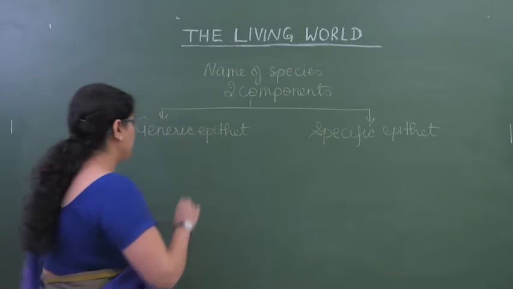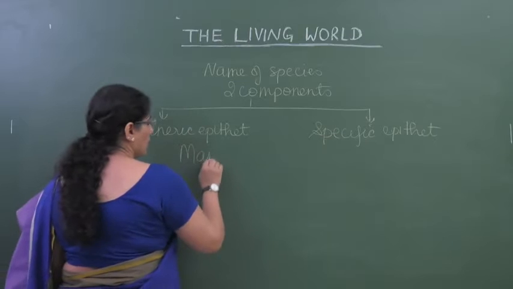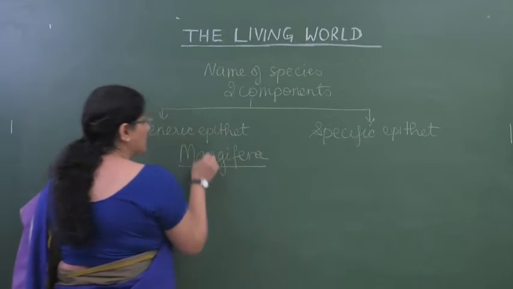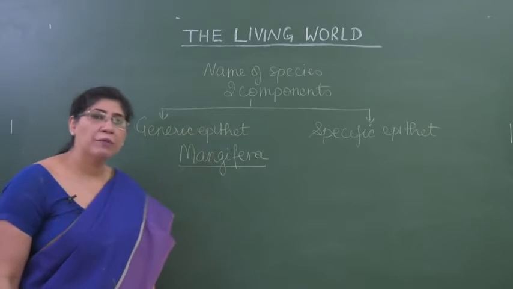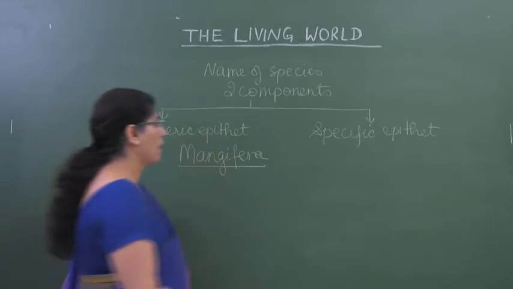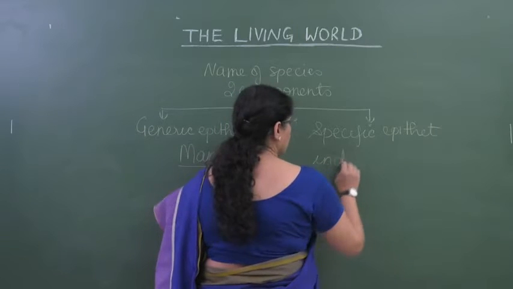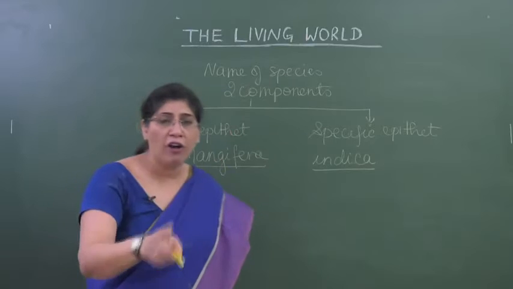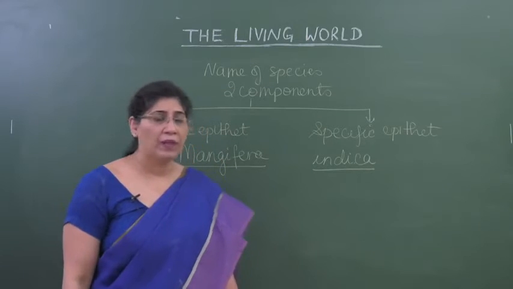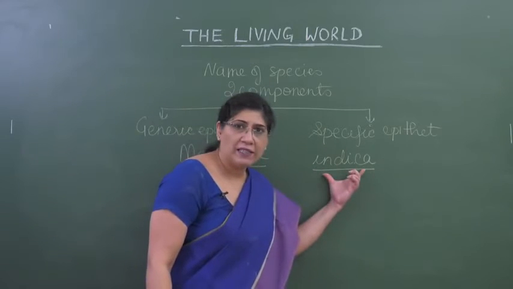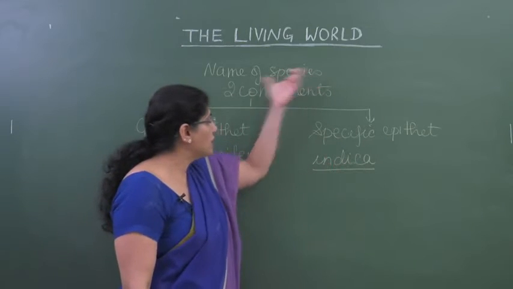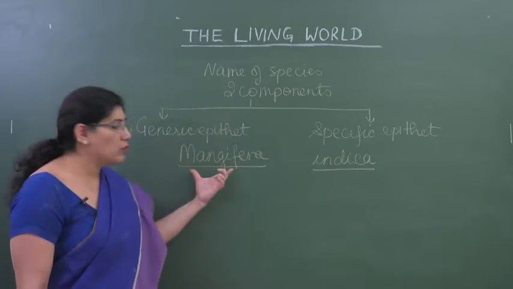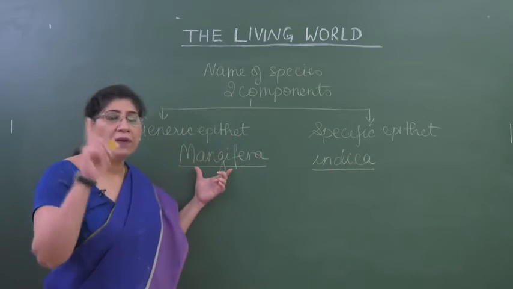For example, Mangifera is the generic epithet which can also represent the genus. Indica is the specific epithet which does not indicate species. Indica represents the species Mangifera indica, belonging to genus Mangifera. I am repeating.